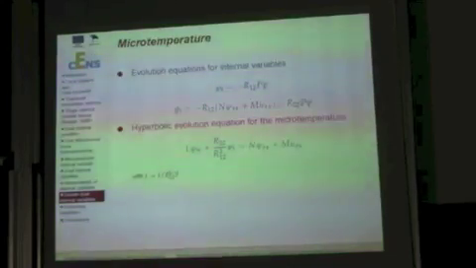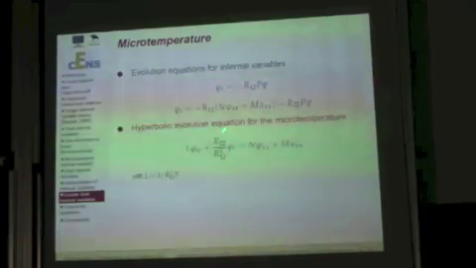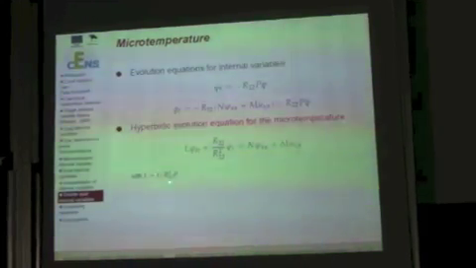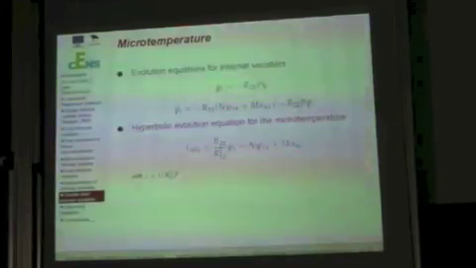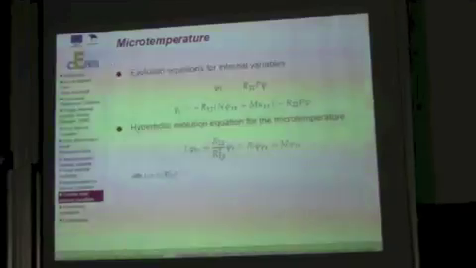In the second part, for the microtemperature, the evolution equation for internal variables is different, but still hyperbolic. But here we also have the first order time derivative additionally, and we can determine the so-called thermal microinertia in some sense.